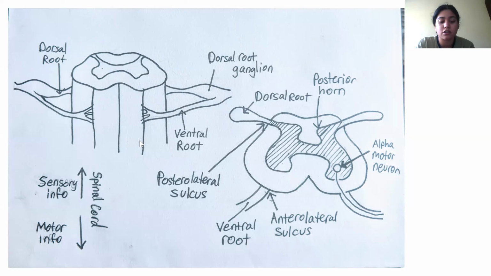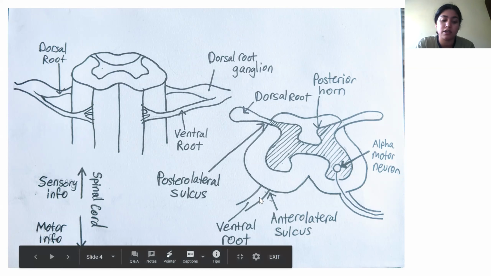And these motor neurons come together to form a ventral root. And those ventral and dorsal roots together make the spinal nerves. In the cross section of the spinal cord, the part where the dorsal root enters is called the posterolateral sulcus, while the part where the ventral root leaves is called the anterolateral sulcus.